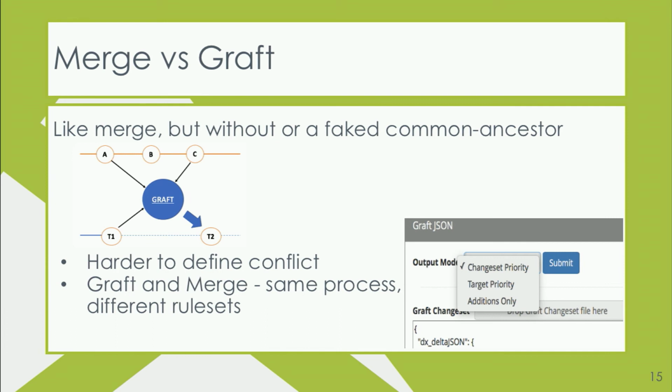And so I've indicated a screenshot on the bottom from our new JSON graph system. And we have three different modes of applying those changes that are based on the kind of rule processing we've already mentioned. But none of them present the user with a conflict. So we've taken a slightly different view of Graft as a distinct concept.